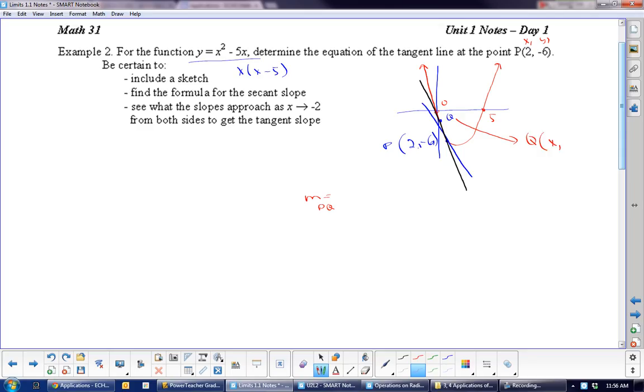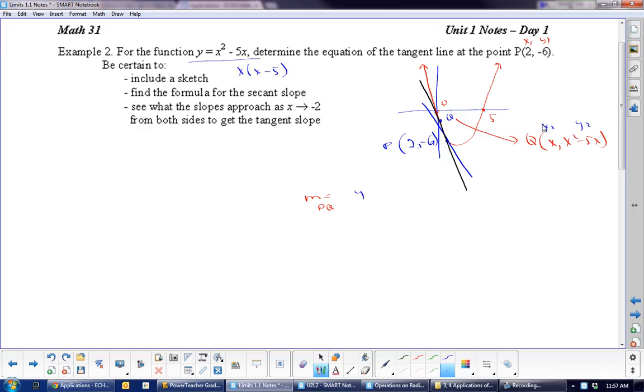X comma x squared minus 5x. Okay, so you're seeing the pattern now. X is always going to be there, and then the equation will go into y, because y equals x squared minus 5x. Look, it says right there, y equals, so why can't I put that as y2? Okay? So that's going to be x2, y2.